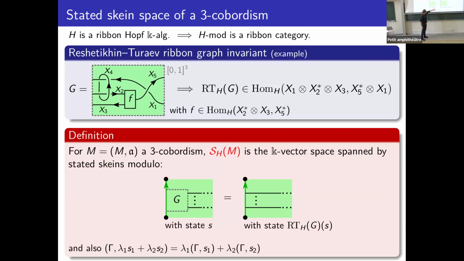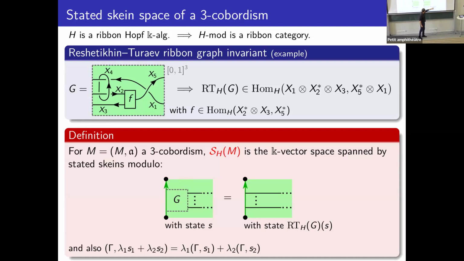I have to replace S with the state where you use the linear map associated to G by Reshetikhin-Turaev to act on S. Okay, and this makes sense by definition of the state because the state will be exactly in the target space of Reshetikhin-Turaev of G.